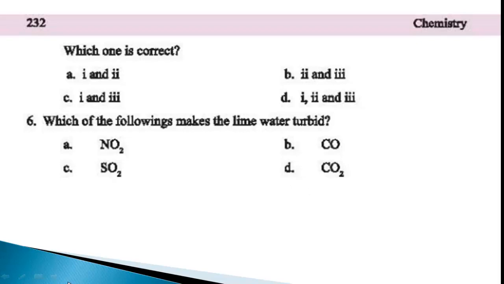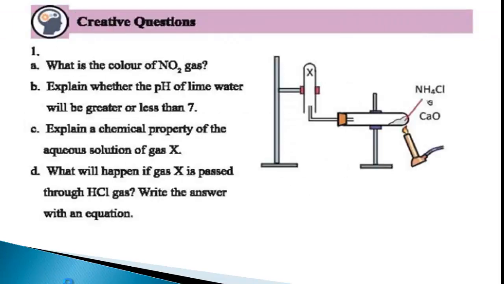Now my dear students, we will discuss the creative questions. What is the color of nitrogen dioxide gas? It's actually brown color. Explain whether the pH of lime water will be greater or less than 7. Here you have to write this way.